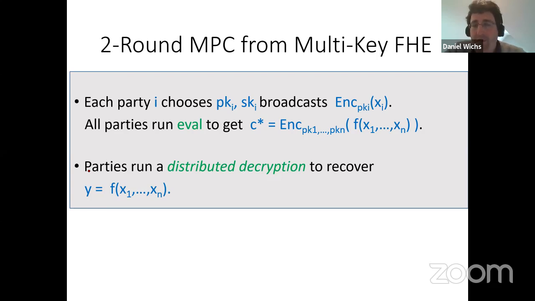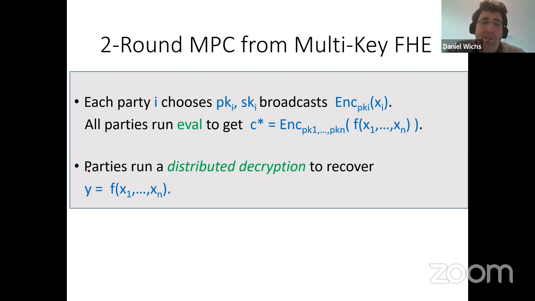After that, at the end of the first round, all the parties individually run the homomorphic evaluation algorithm and compute the ciphertext C star that encrypts the output of the function. We can think of the homomorphic evaluation as being deterministic, so each party can just do this on their own, and they all get the same output ciphertext C star. And then in the second round, the parties run a distributed decryption protocol.